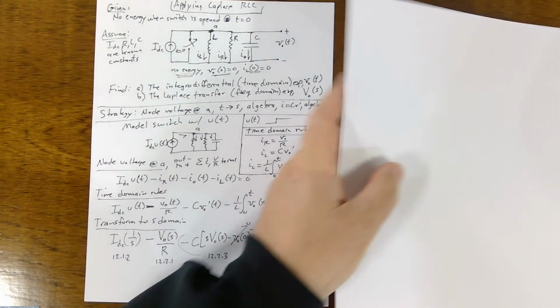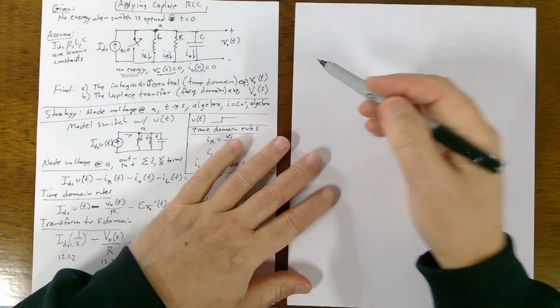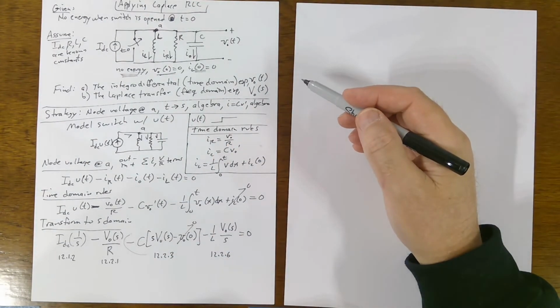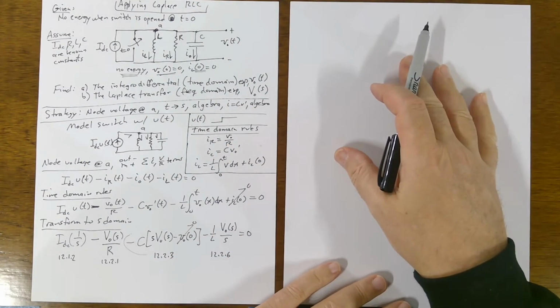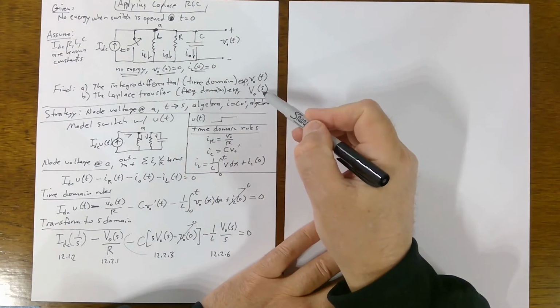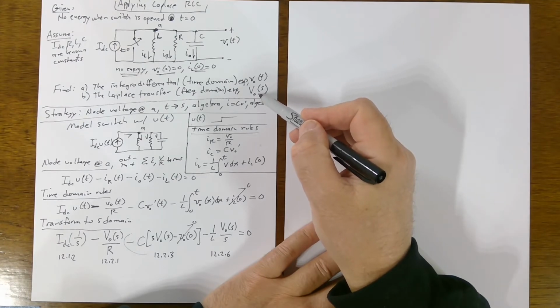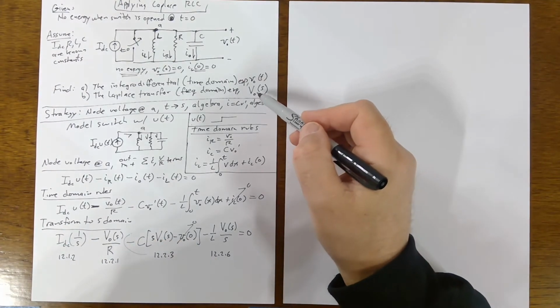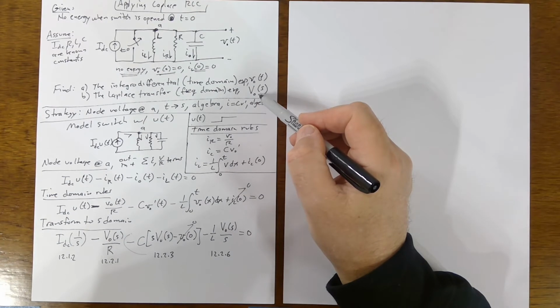So we're asked to, so we actually have to get this big V0 of, we have to get the frequency domain expression first.